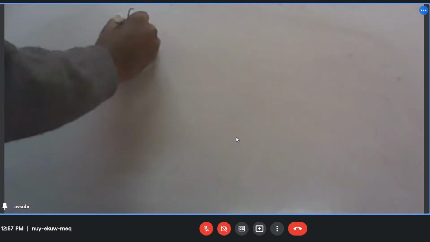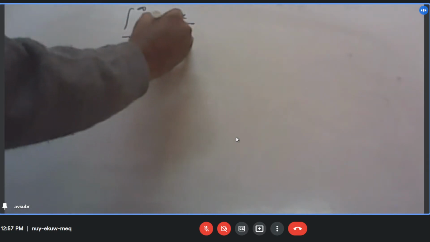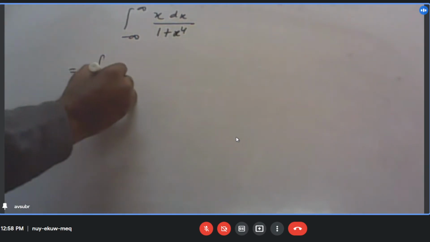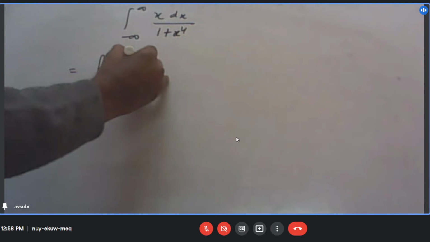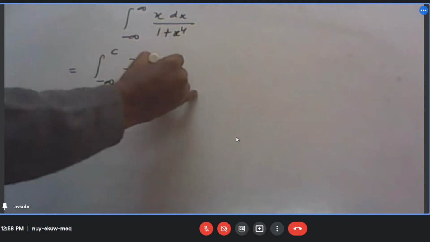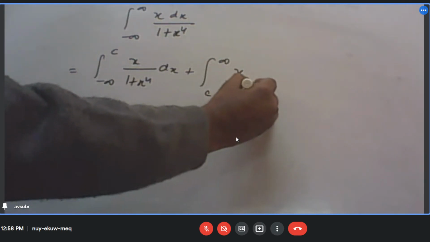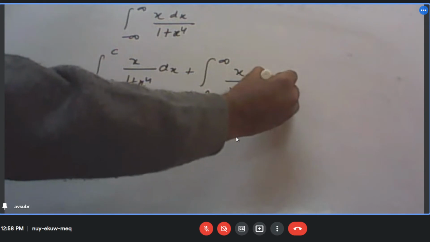So the integral from minus infinity to plus infinity of x dx by 1 plus x to the power 4. This is the improper integral I have to solve. This is an improper integral of the first type, right? So let there be some number C. I can write it as the integral from minus infinity to C of x by 1 plus x to the power 4 dx plus the integral from C to infinity of x by 1 plus x to the power 4 dx.